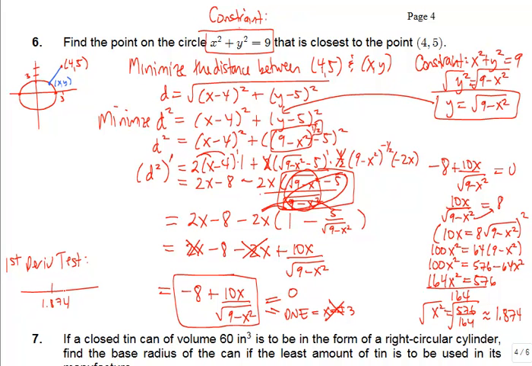And what we want to happen, if this is going to be a min, is a negative on the left and a positive on the right. So for example, if I plugged in 0, that's obviously going to make this whole fraction go to 0 and I would just get -8. So this will be minus. If I tried something like 2, then I'm going to get 20 divided by 9 minus 2 squared is 4, so 20 divided by square root of 5.